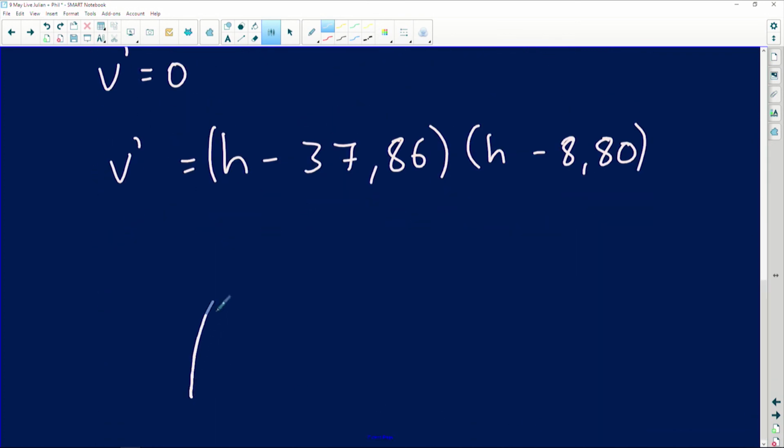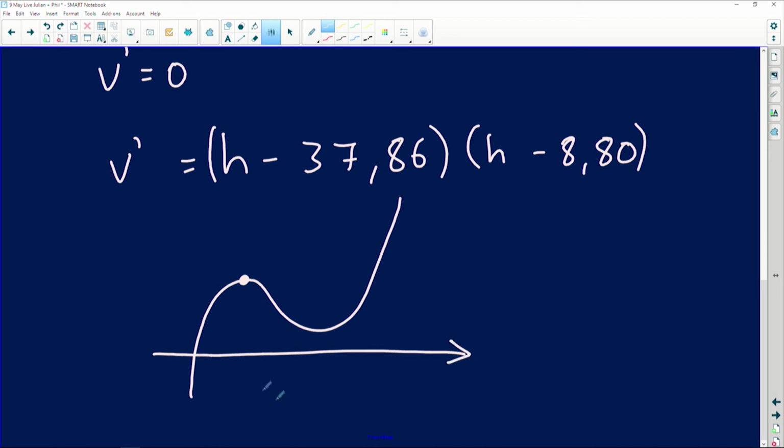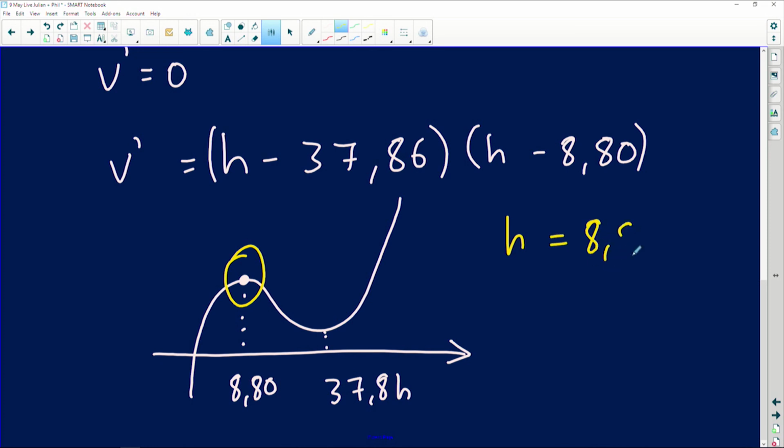And the way my positive cubic function goes is that we're going to have a maximum at this point over here. If this is a number line, this is going to be the value of 8,80, and this value over here is going to be 37,86. And this here is going to be my maximum. So therefore, we can say this is maximum when H is equal to 8,80. Okay, lovely question.